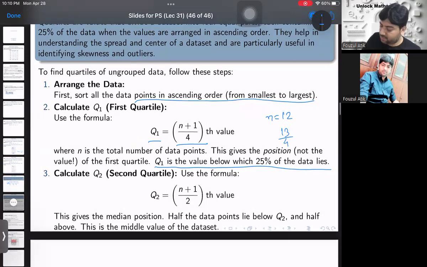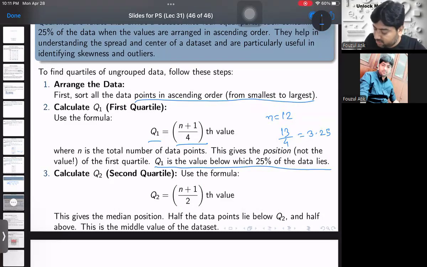Its value is 3.25. Now, what is the 3.25th value? You don't have such a value, because it's not an integer and you have ungrouped data. So in this case you have to interpolate. I'll talk about how to interpolate in the next slide.